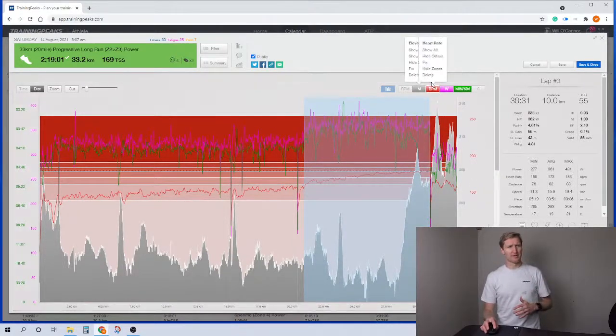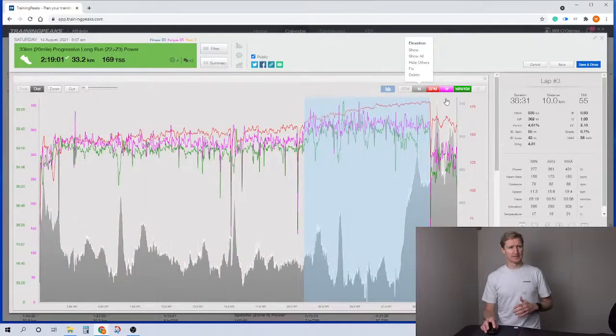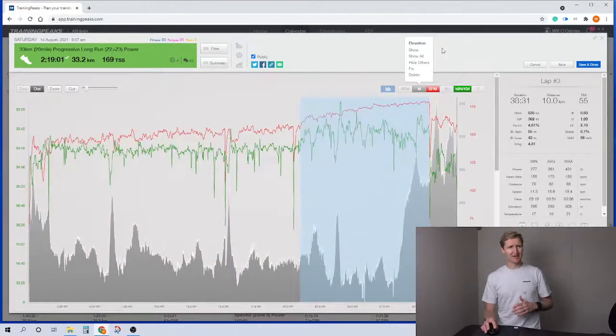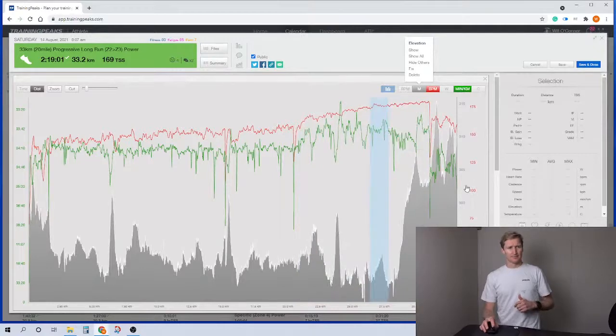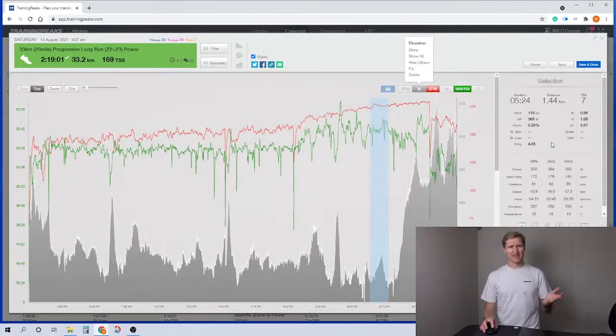If I hide this so it's a bit more clear, you can kind of see my pace just dropping away there, closer to 4-minute Ks, whereas through this section here, which should be your standard, I was more around that 345, which is probably more about what I'd be expecting.